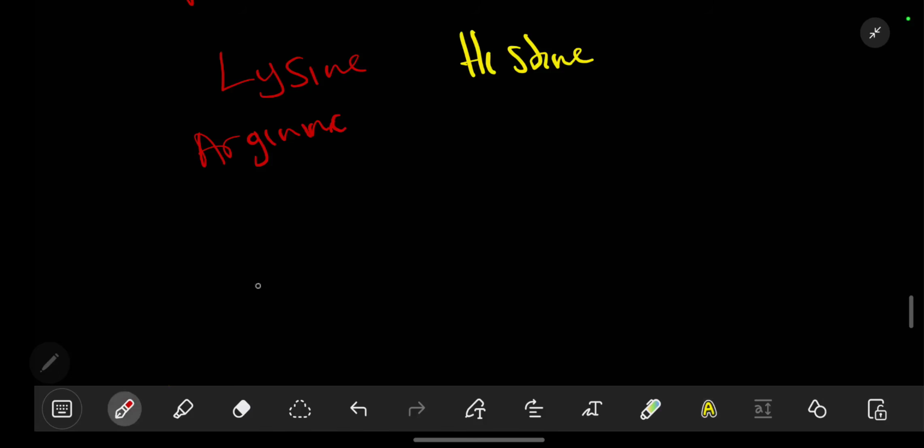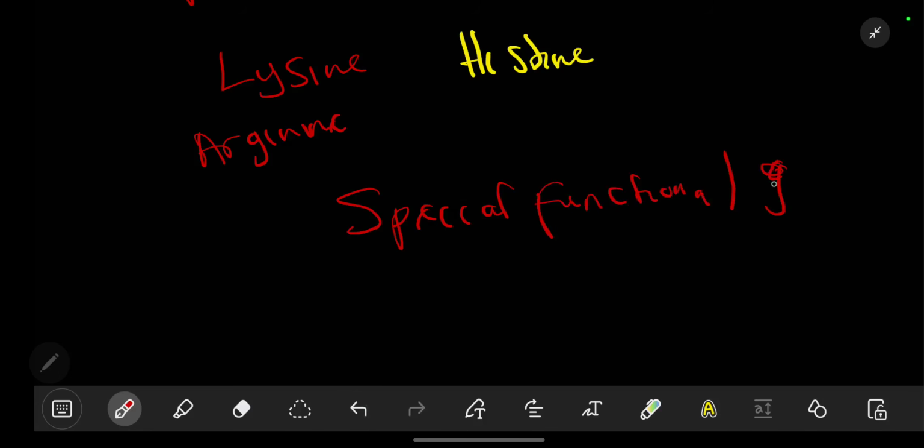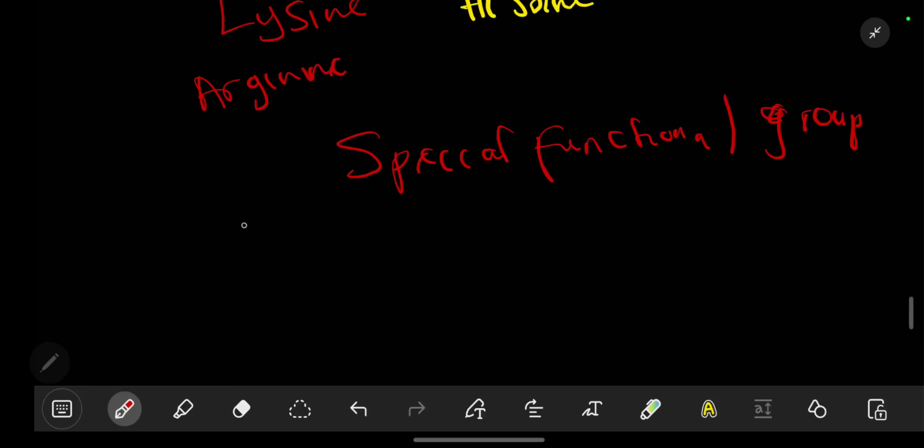Others, though they might be polar or non-polar, have a special functional group. The special functional group that we might have is, number one, glycine.